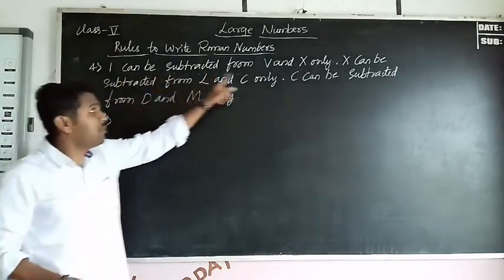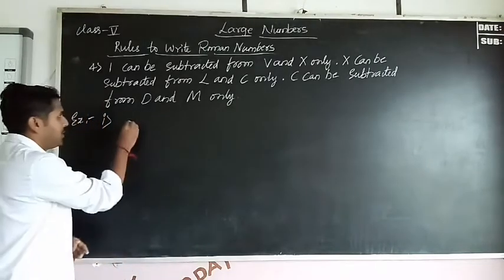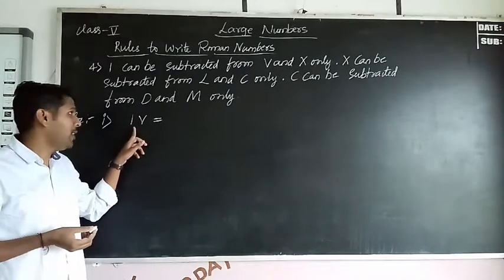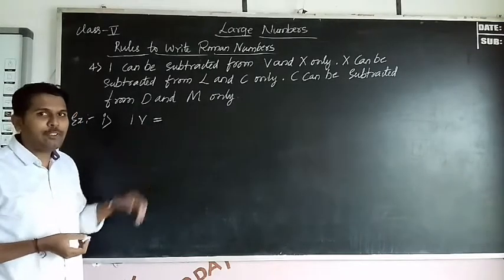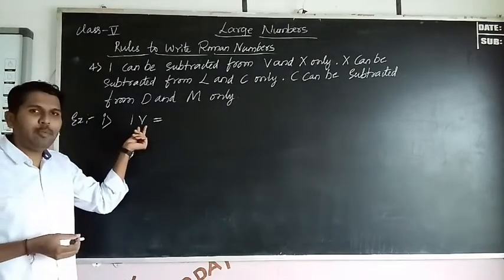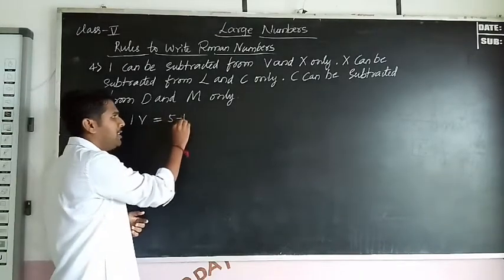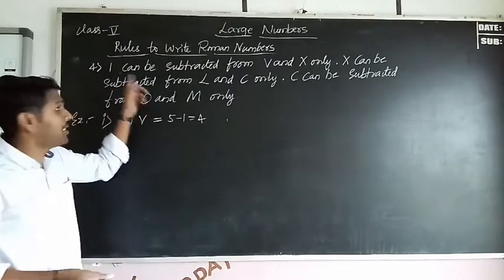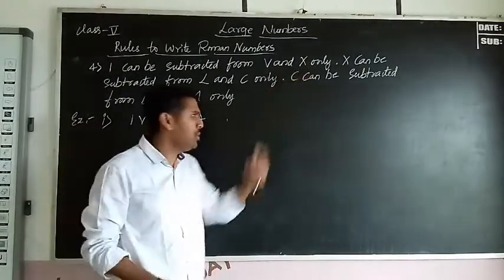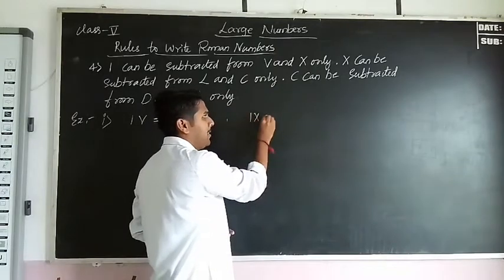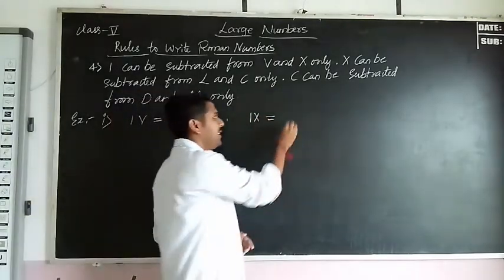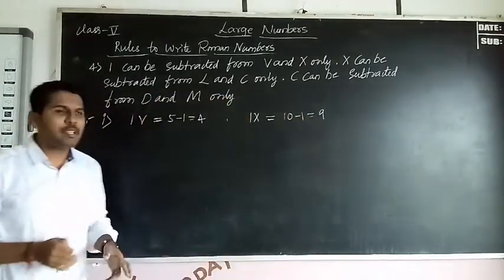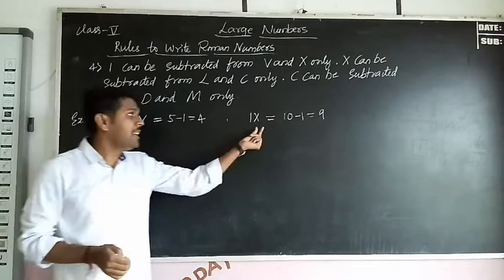I can be subtracted from only V and X. So here, smaller value is placed before the greater value, that means subtraction, no. So 5 minus 1 means that is 4, no. Like that, I can be subtracted from X also. X, that is 10, no. 10 minus 1 means that is 9. So I can be subtracted only from V and X.